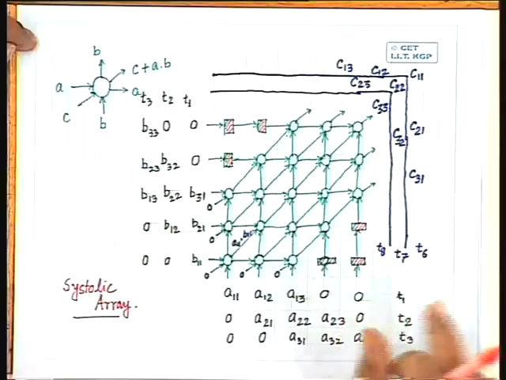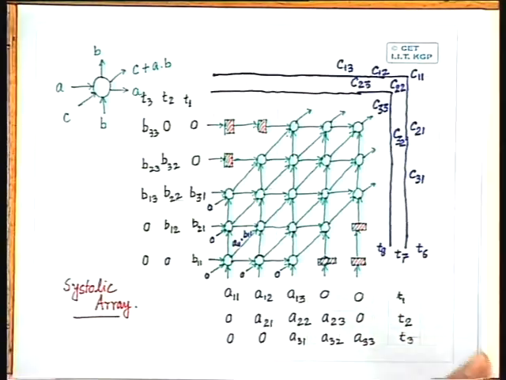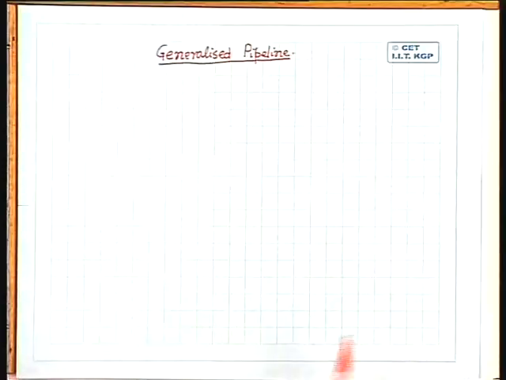That means I can bypass some of the stages in between and feed forward the data. Or j can also be less than i, that means I can send the data in the backward direction in the pipeline. So such a generalized pipeline can have a structure like this.